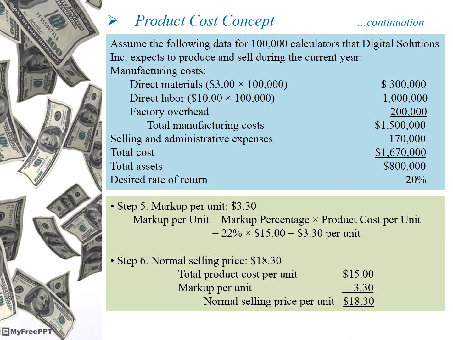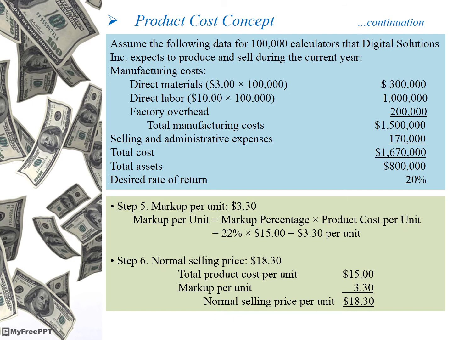Step 5. How much is the markup per unit? In order to get the markup per unit, let us multiply the markup percentage, or the result from step 4, which is 22%, times the product cost per unit, or the result from step 3, which is $15.